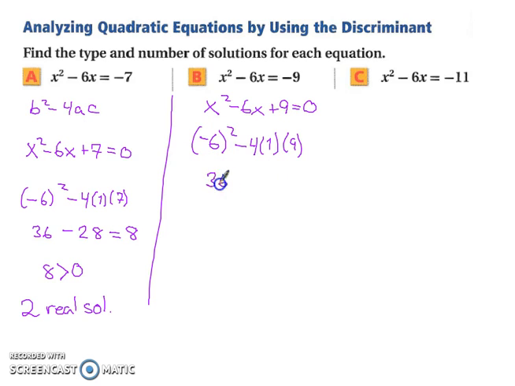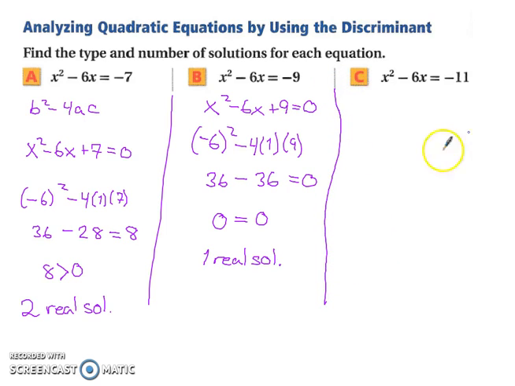So we're still left with 36 and negative 4 times 9, so minus 36, and hey, that equals 0. So since 0 equals 0 is not greater than or less than, you end up with one real solution.